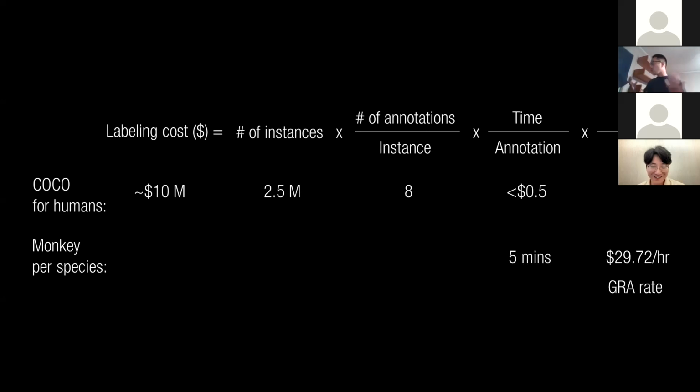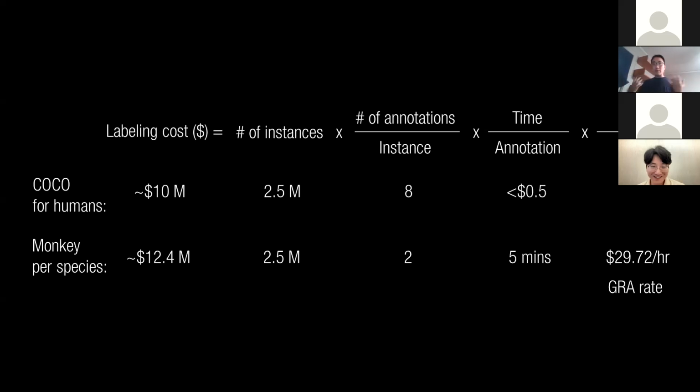And each annotation takes about 5 minutes. And yeah, they are trained labelers, so we can reduce the number of annotations per instance. But we still need the same amount of data to label. And that ends up with $12 million.